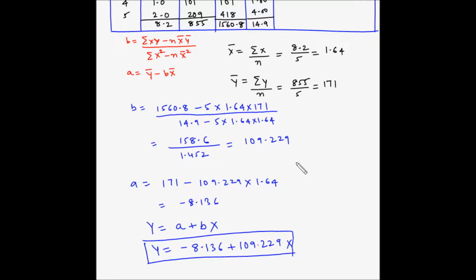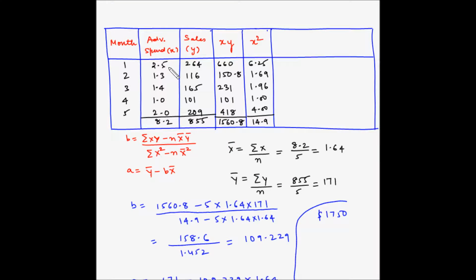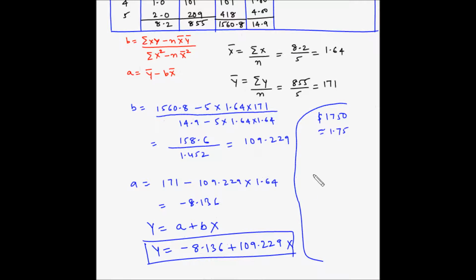Now we have to find the forecasted sales for the next month, for which the advertising spend is expected to be $1750. Now since we have taken all the X in terms of $1,000, we'll consider this as $1.75,000. So this is the value of X. So let's plug this into this equation.